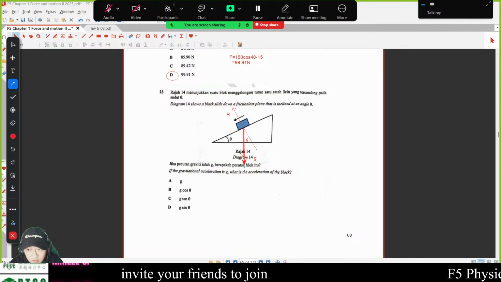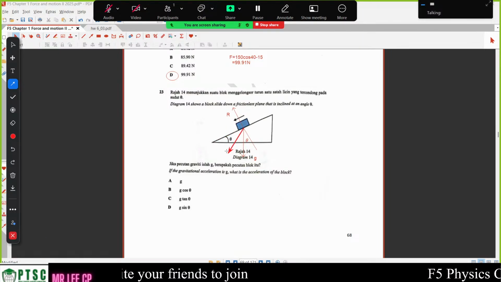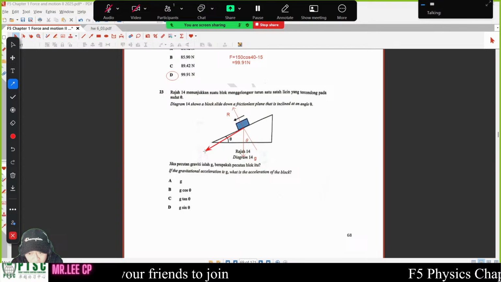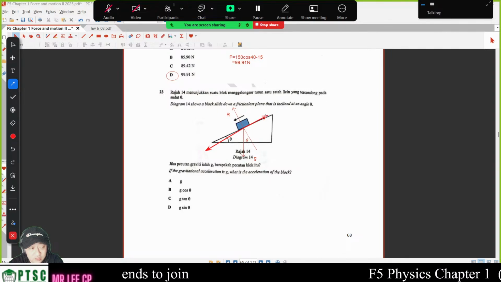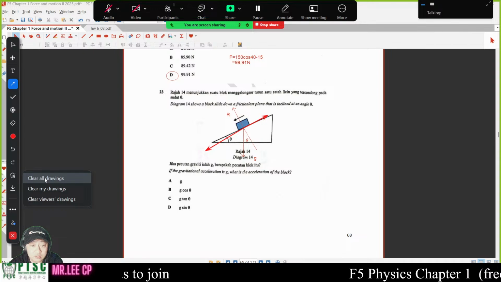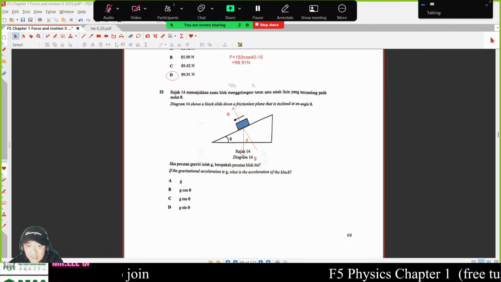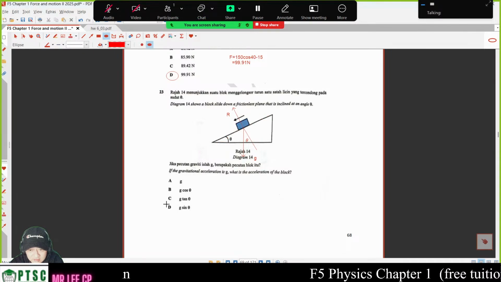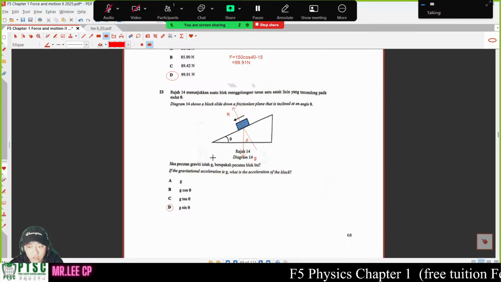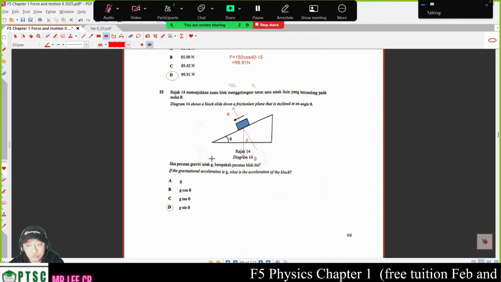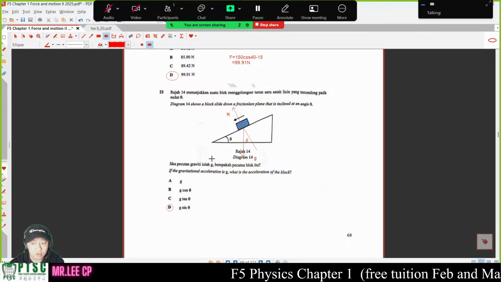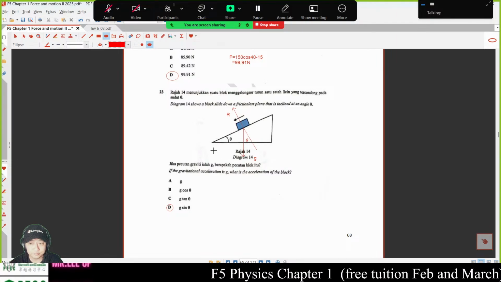So G bring to here. It is G sine theta minus the friction. No friction, 0. So the answer is G sine theta. Not touching theta. If you are still not good at touching or not touching, you have to practice more.